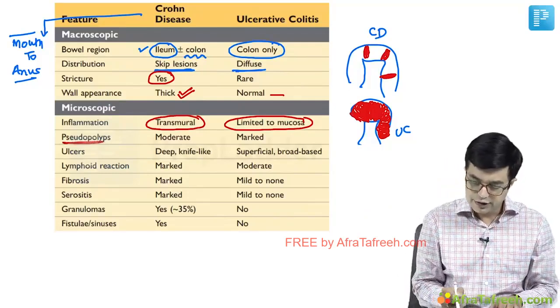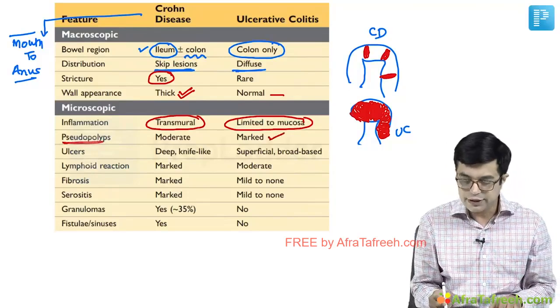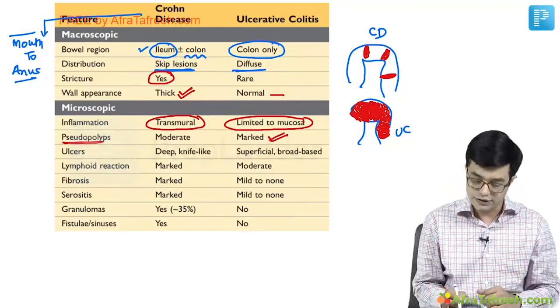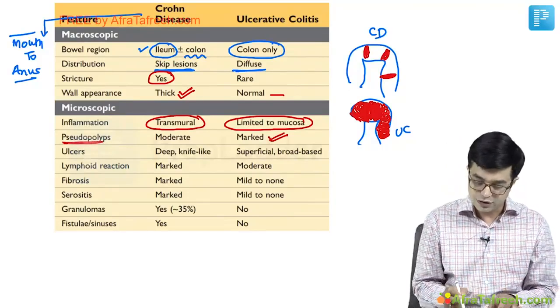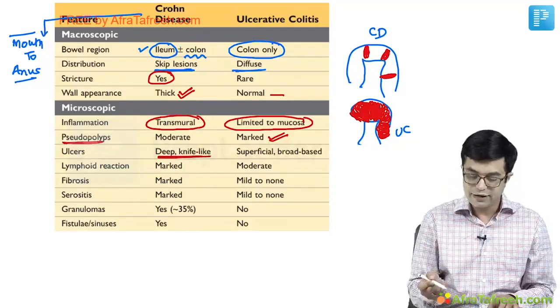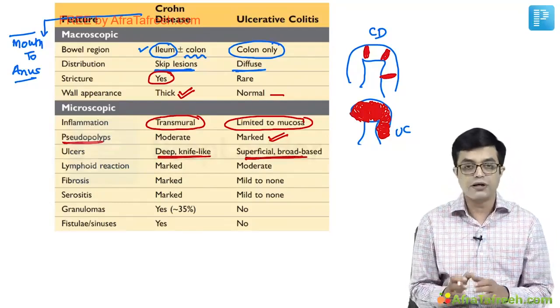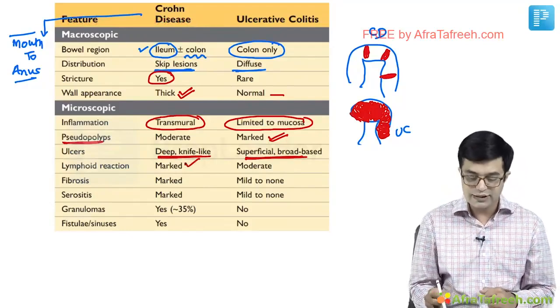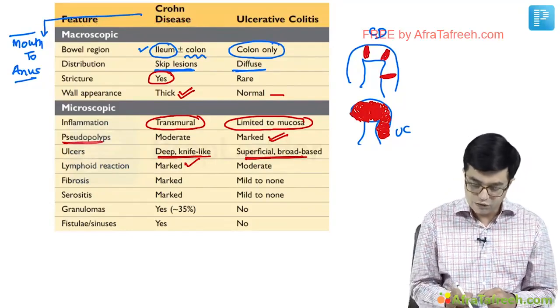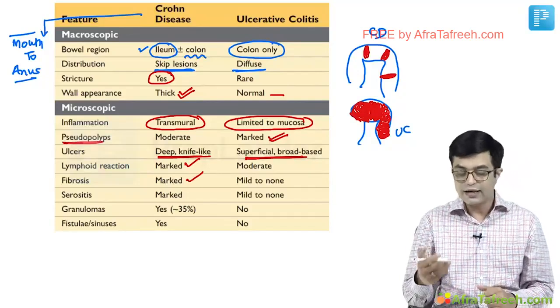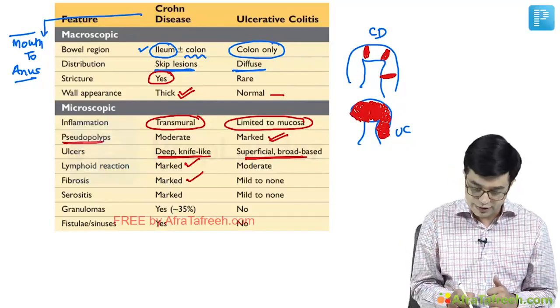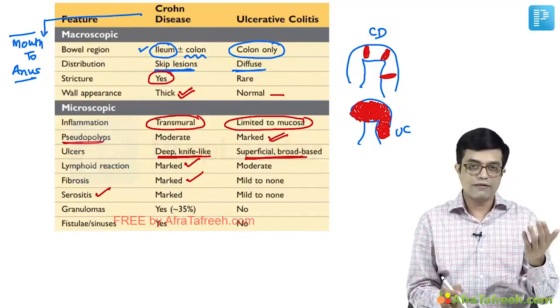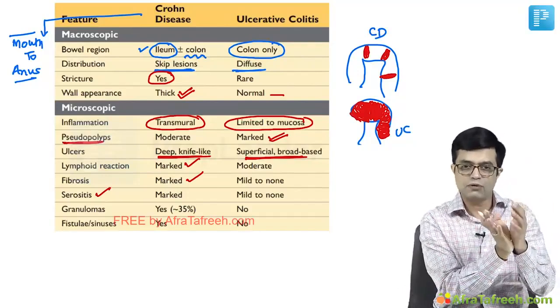Pseudopolyp formation is more marked in ulcerative colitis, although they can occur in Crohn's disease also. Then ulcers. Crohn's disease, deep knife-like ulcers, whereas ulcerative colitis, they are superficial, broad-based ulcers. Lymphoid reaction will be marked in Crohn's disease and moderate in ulcerative colitis. Fibrosis will be marked in Crohn's disease and will not happen in ulcerative colitis. Serositis, serosal inflammation, will happen only when there is transmural inflammation.